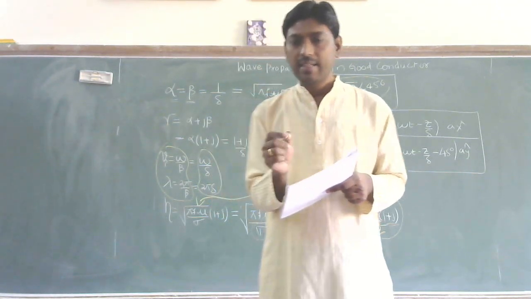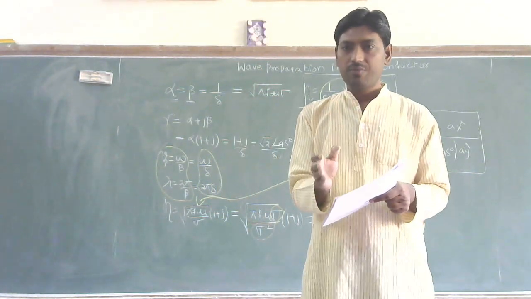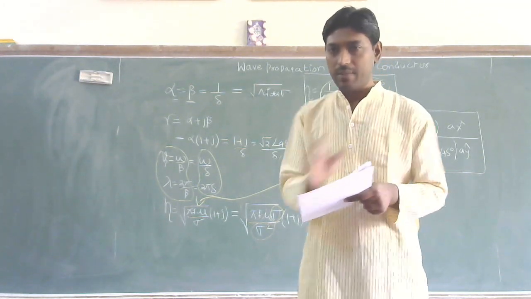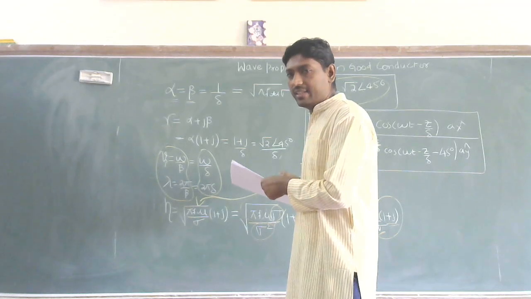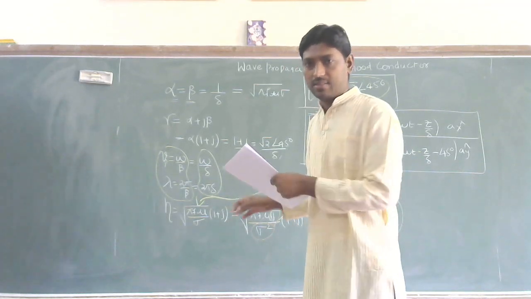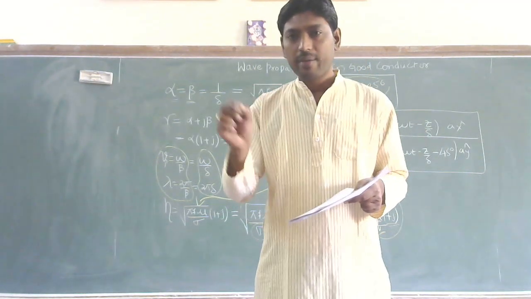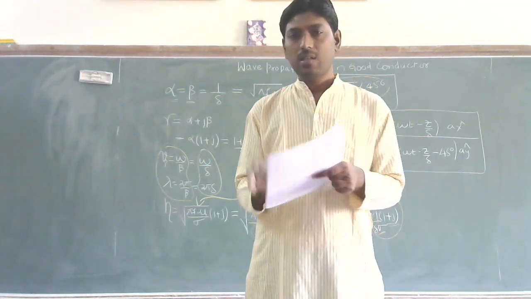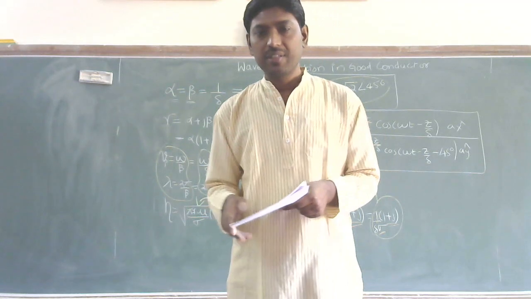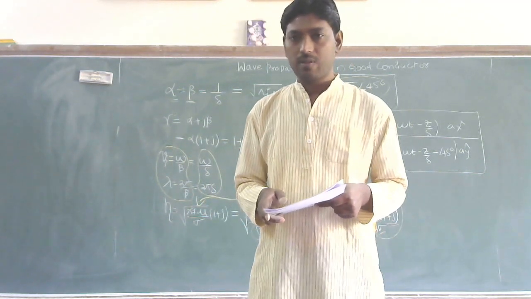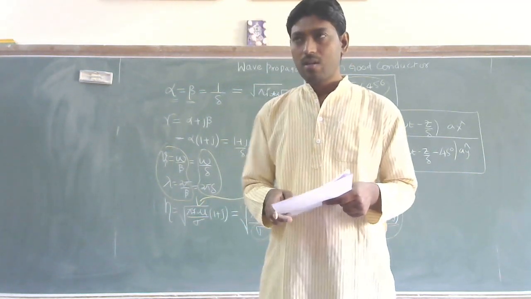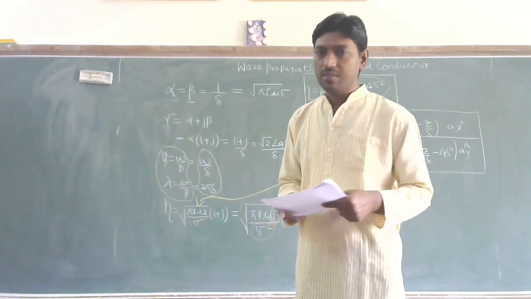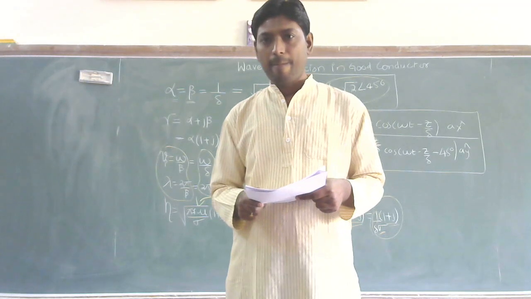This skin depth is applicable even for a general conducting medium, but we have discussed it with respect to a good conductor, and the skin depth is given by 1 by alpha. That is the depth to which the wave can propagate, and that depends upon the frequency also.